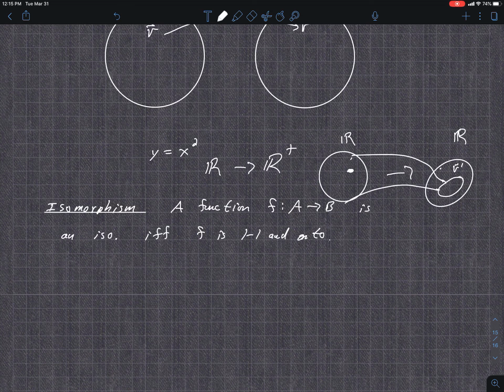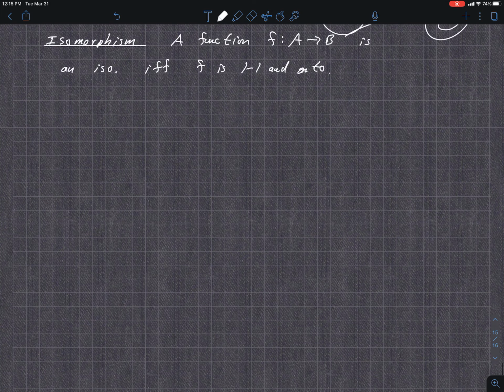So f is one-to-one, as we stated above, and all of A maps onto all of B. That's going to be our definition for when an inverse exists. An inverse exists if and only if f is an isomorphism. You can map it back.